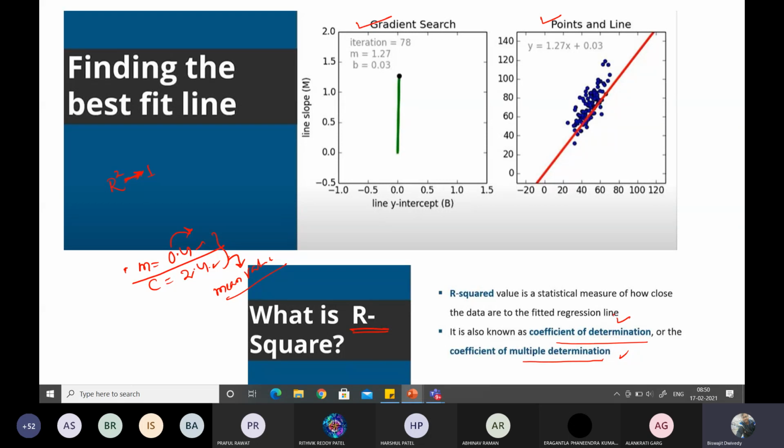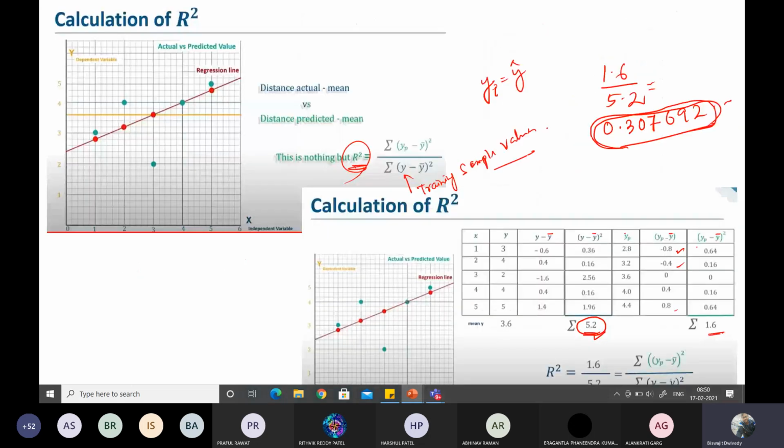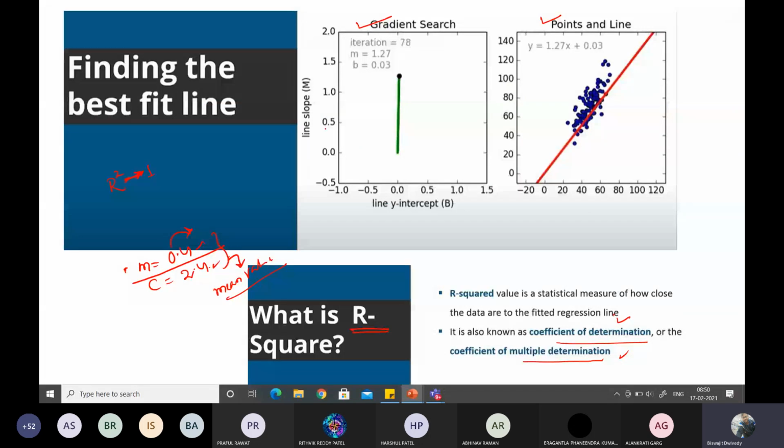If instead of getting 0.3 you were getting an R square value of 0.8, then we could have chosen this line as our final line. But as we are getting 0.3, we have to use some other techniques to improve this line, or find an optimized line.